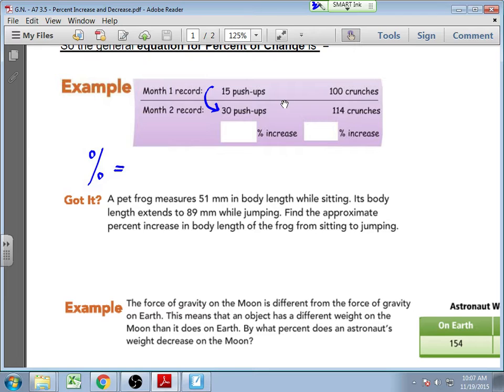From 15 to 30, we went up by 15. So that's my increase over, Lily, what was my original? Wasn't your original 15? My original was also 15. So now I have 15 over 15, which gives me 1. Move the decimal over 2 times, and we get 100%.